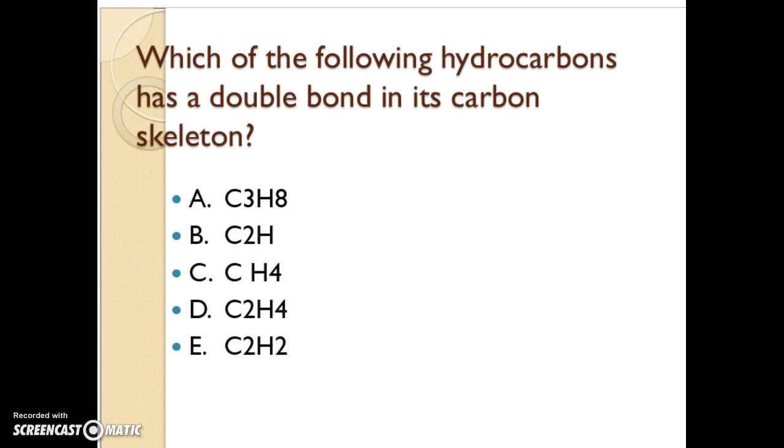So here we have a question. Which of the following hydrocarbons has a double bond in its carbon skeleton? The way that you would look at this question is to think about the fact that carbon is always going to fill its empty valences with a hydrogen if it has an empty valence position.